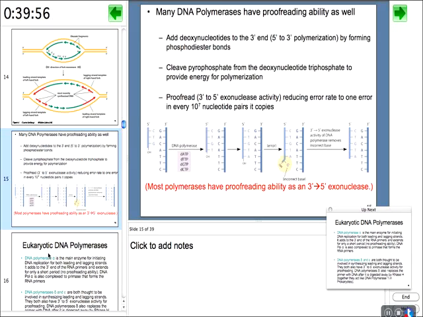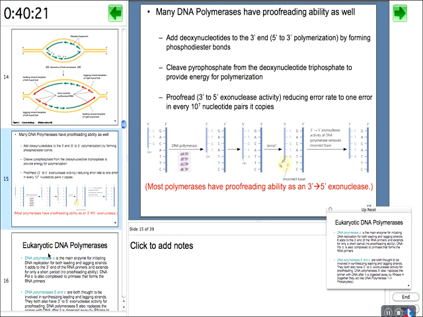That's what they're supposed to do. It sees a T, it adds an A, etc. Here it sees a T, but somehow by accident it's adding a G. Turns out it also has the ability to cut that G back off. So if it recognizes the problem, it will cut it off of that new end. They have this proofreading ability, the ability to self-check as they add on to the DNA strand.